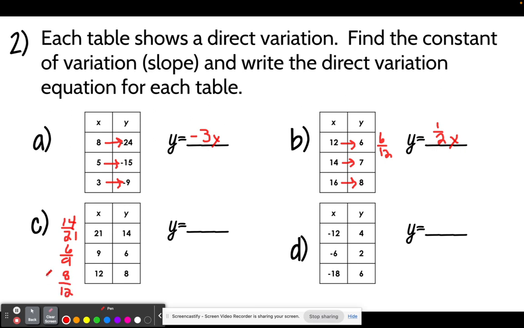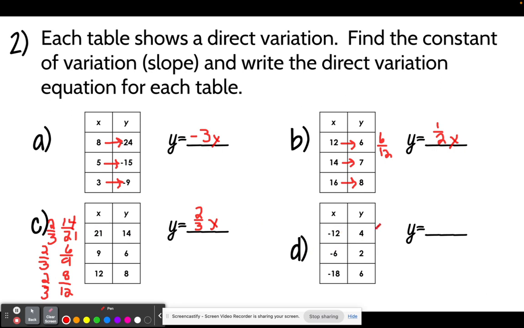So I'm going to divide them both by 4, and I get 2/3. 6 and 9, I can divide by 3. I get 2/3. 14 and 21, I can divide by 7, and I get 2/3. So there's my k. It is 2/3. Y equals 2/3 x. If I take x and multiply by 2/3, I will get y.